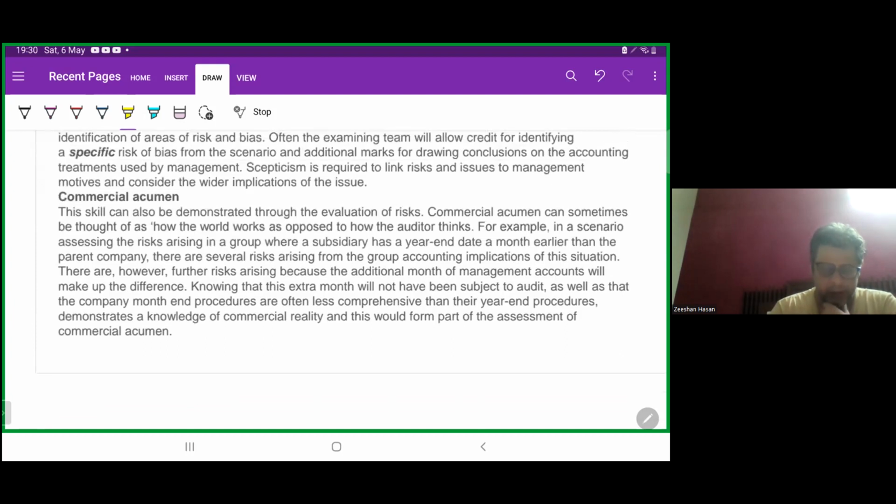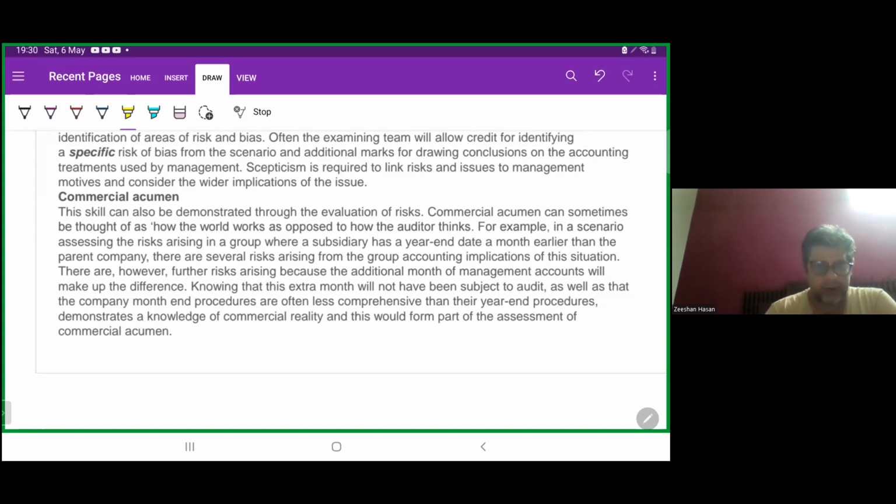Then we have commercial acumen. This skill can also be demonstrated through the evaluation of risk. Commercial acumen can sometimes be thought of as the view of the world as opposed to how the auditor thinks. For example, in a scenario assessing the risk arising in a group where a subsidiary has a year-end date a month earlier than the parent company, there are several risks arising in the group accounting implications of this situation.